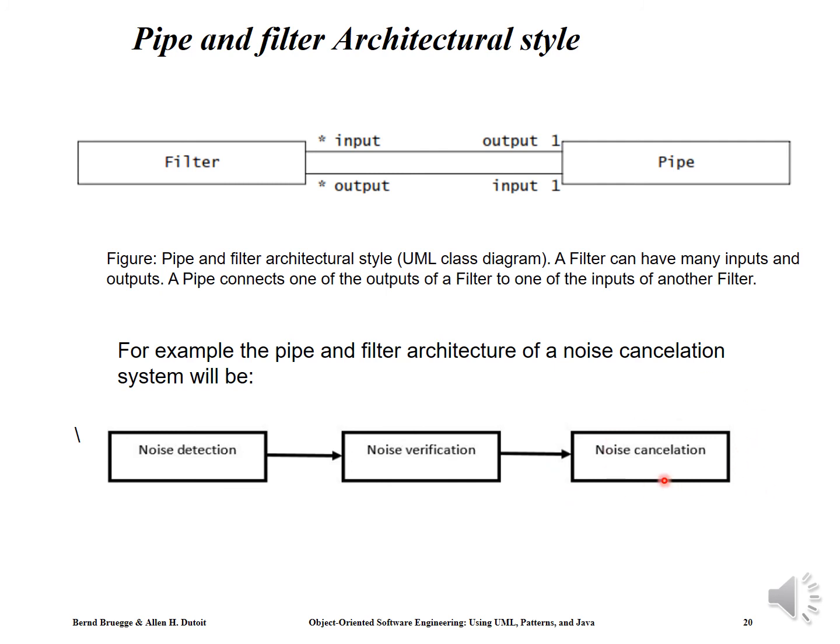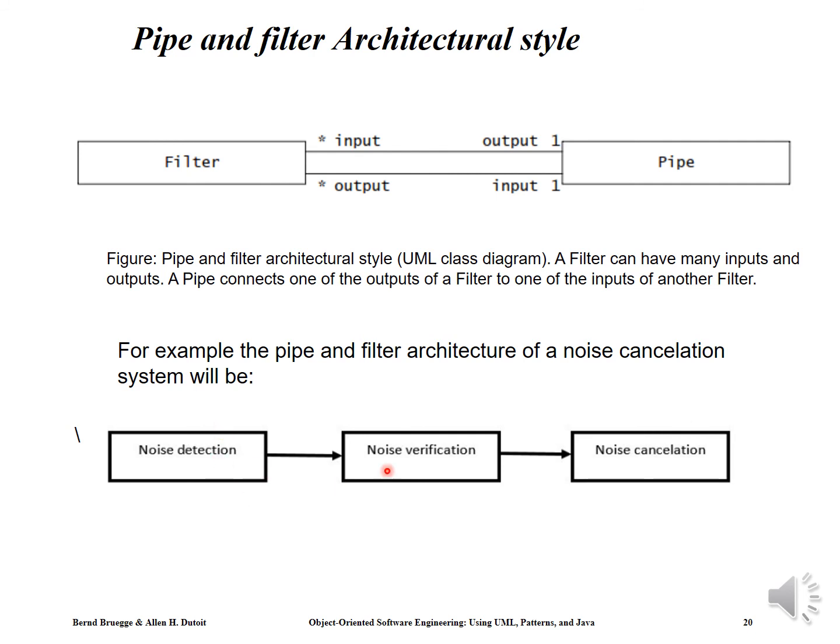So, what are the advantages of this architecture? It ensures loose coupling of components, which are also called filters. So, what is the advantage of loose coupling? Loose coupling allows filters to be changed without modification to other filters. Another advantage is that it enables parallel processing.